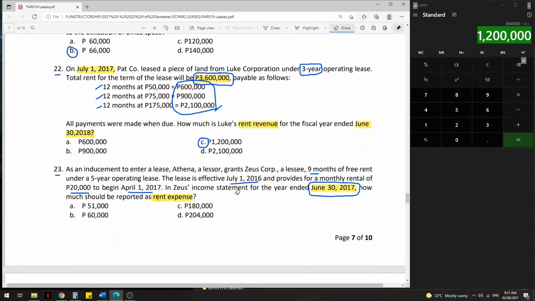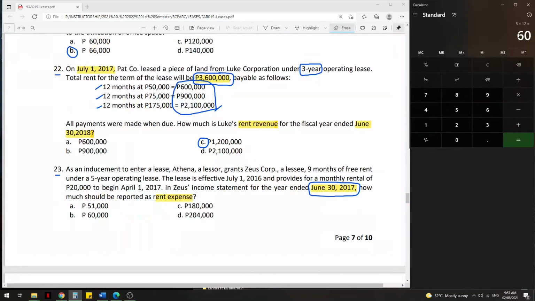Okay? Now, the lease term is 5 years, di ba? On my calculator, 5 years. And in 5 years, there are always 12 months, of course, in each of those years. Meaning, yung 5 years natin, meron tayong total na 60 months.